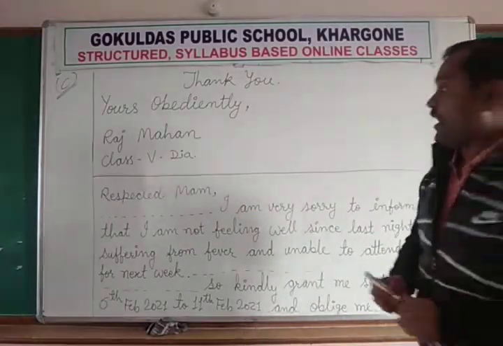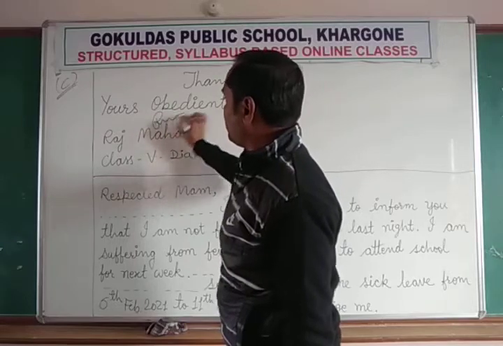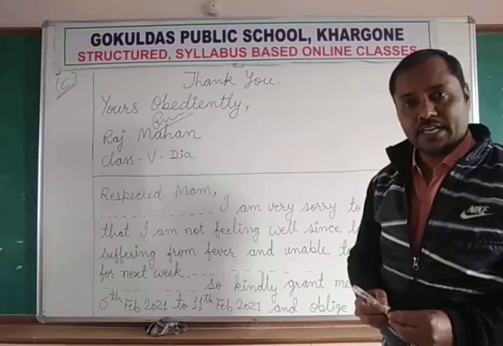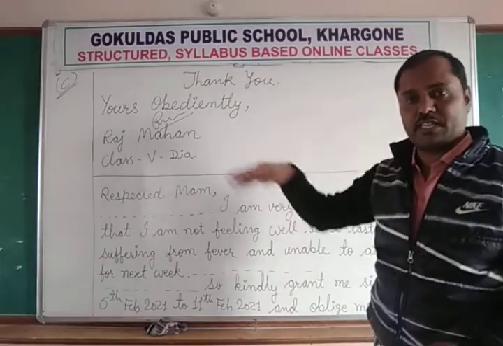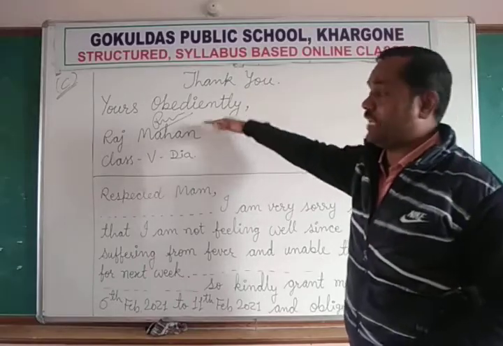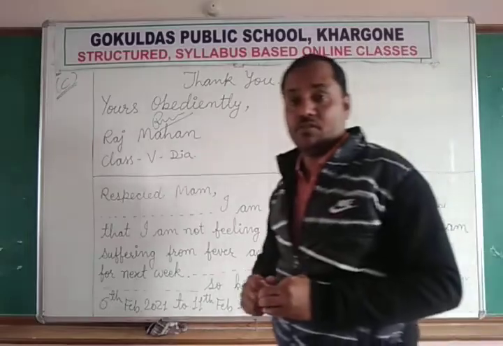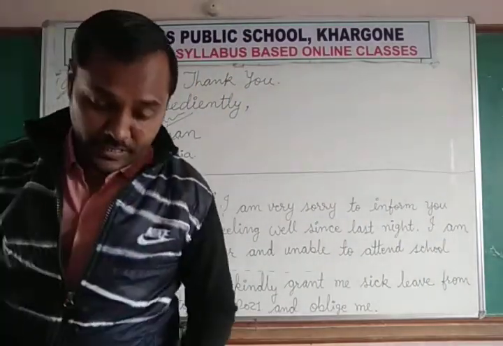And you can also put a signature here. This is your signature above your name. Okay, this is not compulsory, but if you wish to put your signature, you can put your signature above your name, and this is your designation. Okay, this is how we write the formal letter, and this is one kind of formal letter.